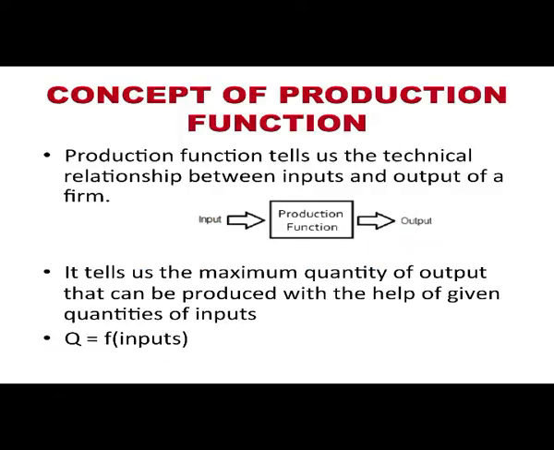The production function tells us the technical relationship between inputs and output of a firm or a producer. It tells us the maximum quantity of output that can be produced with the help of given quantities of inputs.